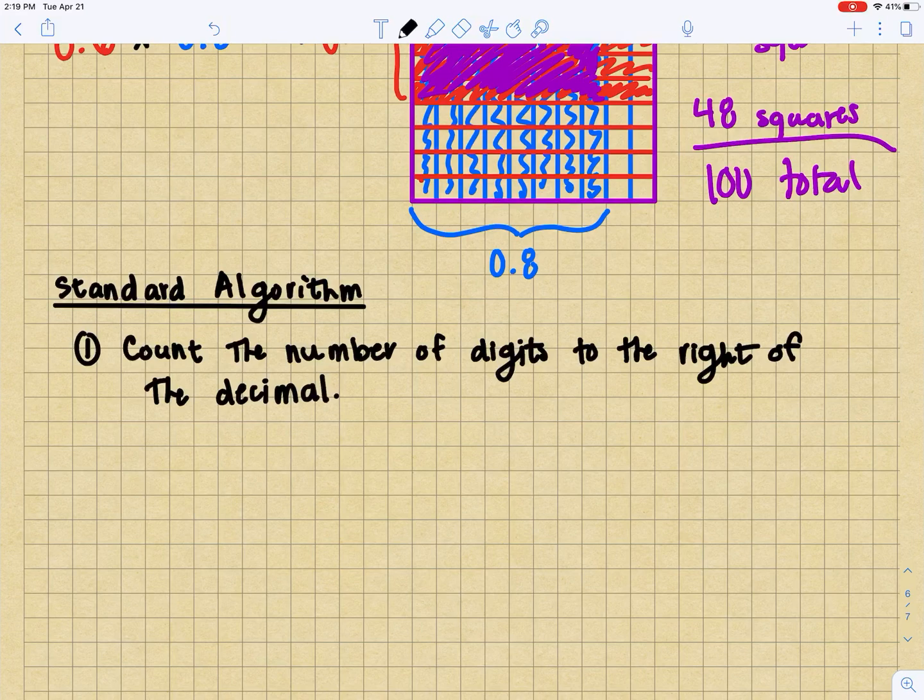And you're going to do this for both numbers. I'll put that in parentheses. So for both numbers.